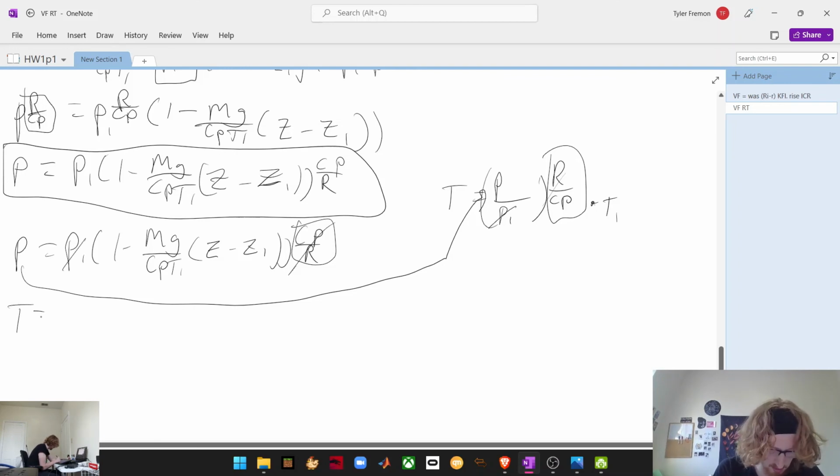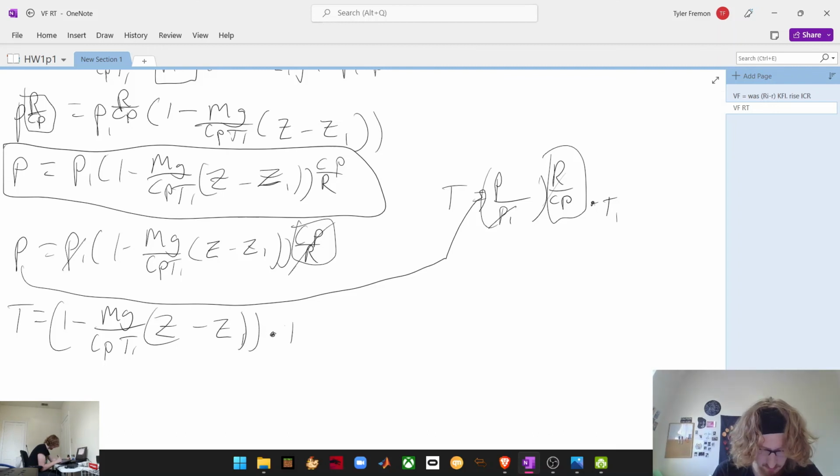So we're going to have T is equal to 1 minus mg over Cp T1 times z minus z1, times T1.